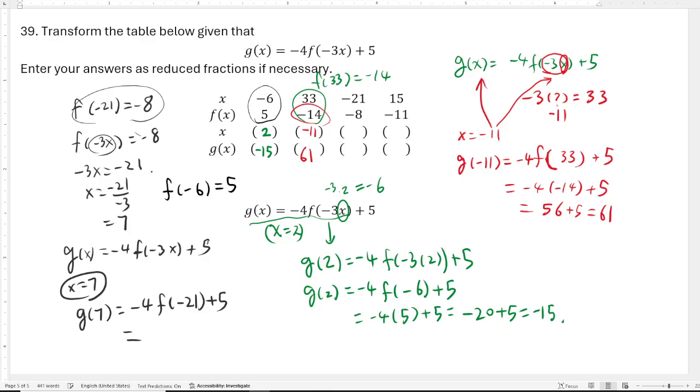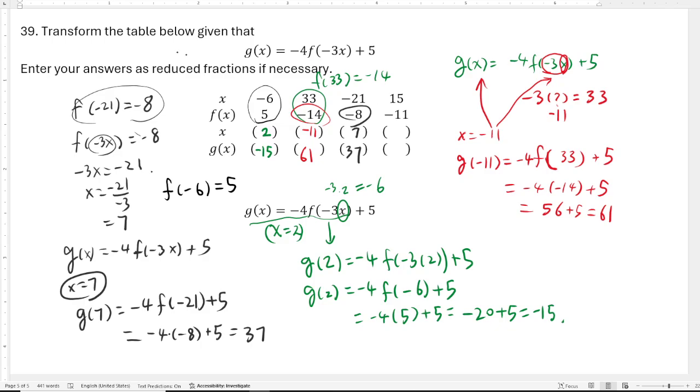And because f of negative 21, according to this table, is negative 8, so negative 4 times negative 8 plus 5, that's positive 32, plus 5 is 37. And we see that when we plugged in 7, g of 7 is equal to 37. So that's what we get.